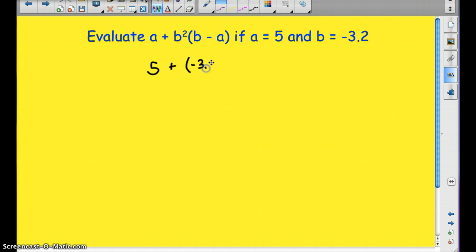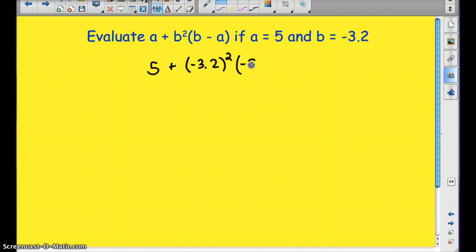I am going to put that in parentheses, as should you. When you use your calculator, you need to put that in parentheses, otherwise it will do order of operations. It will square it first and then tack on the negative. So anytime you're taking a negative to a power, to an exponent, you need to make sure that you have parentheses around that.